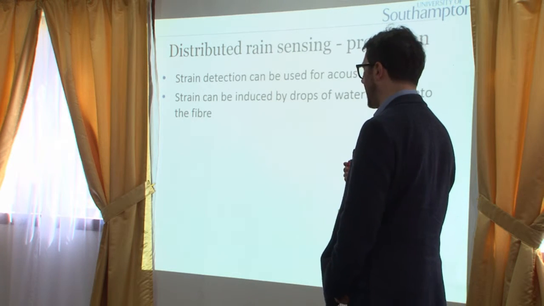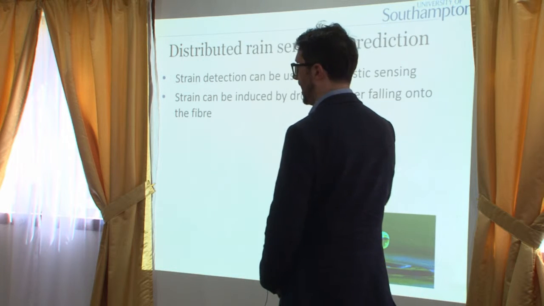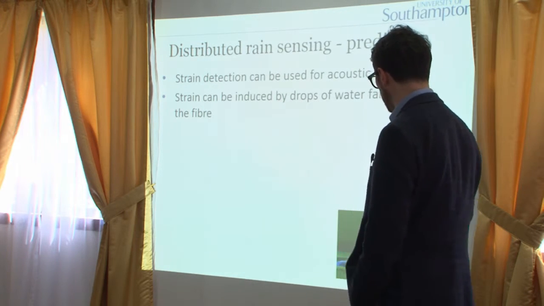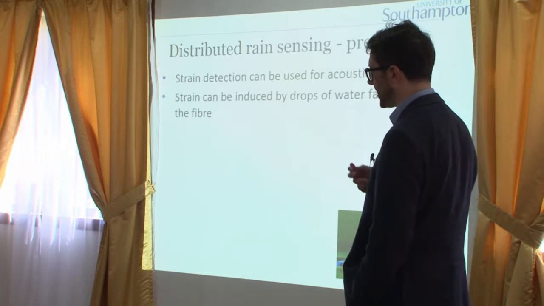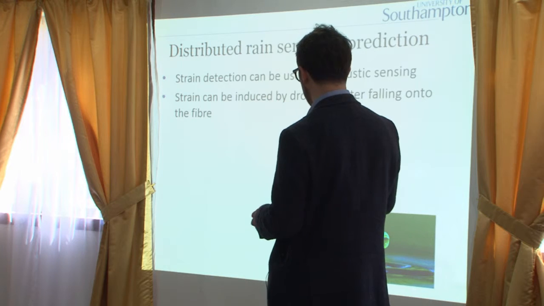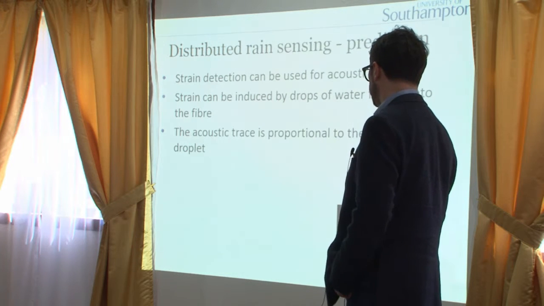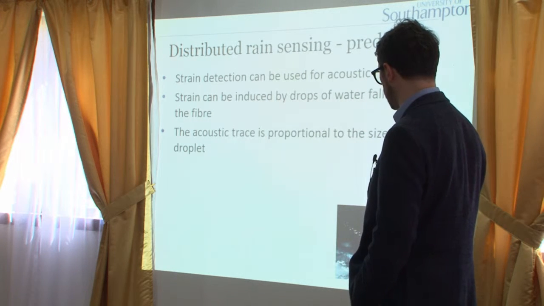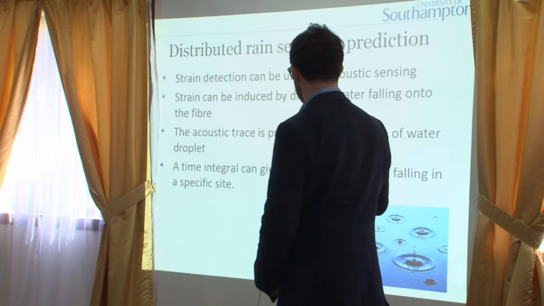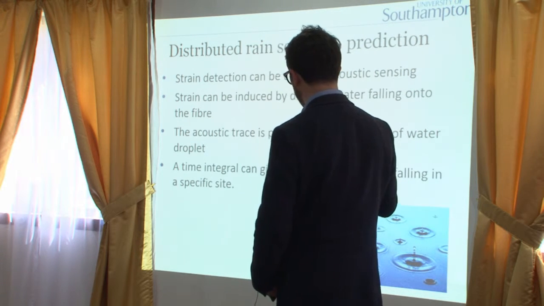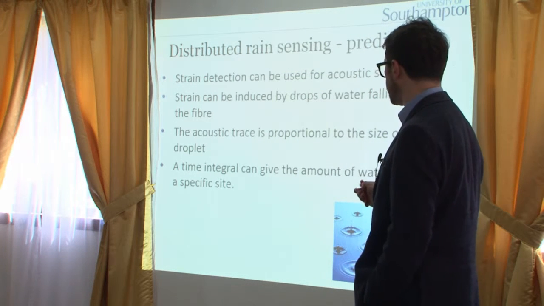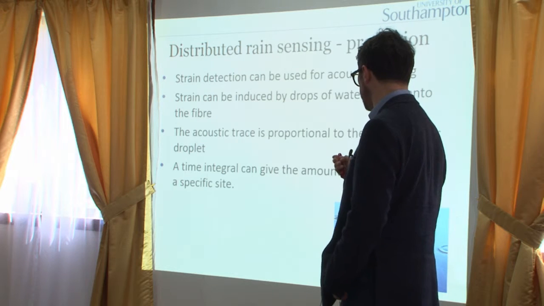If we are capable of measuring the strain along the fiber, we will be able to determine the number of drops that have fallen along the distance of the whole fiber. This is because each raindrop is associated with an acoustic trace. So if we do an integral in a specific place, we can determine the amount of water that is falling at a specific distance.